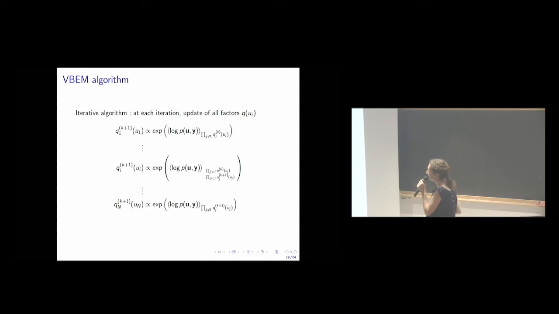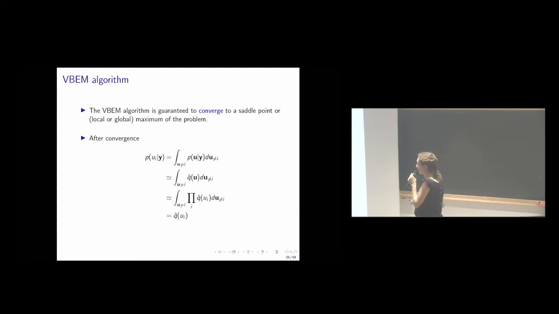And we do that at each iteration for all different factors. Okay, so by doing that, we ensure that we converge to a saddle point or maximum of the problem.